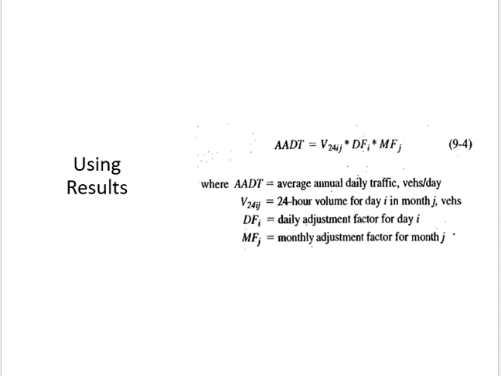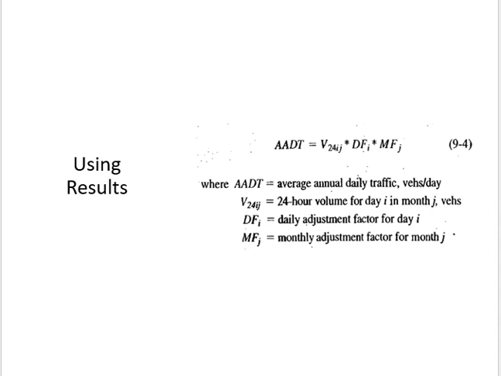So we take that count, go to the control count, and look at the adjustment factor of Sunday. Then again go to the control count and take the adjustment factor of March. This count will be multiplied by the factor of Sunday and the factor of March. Clear? This will become the AADT for the coverage.